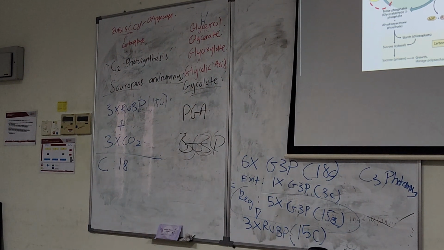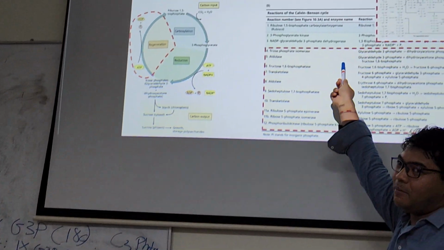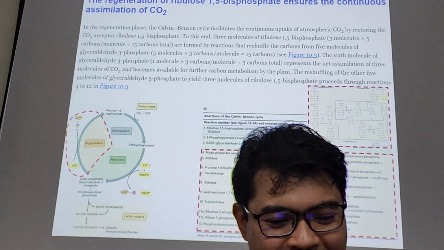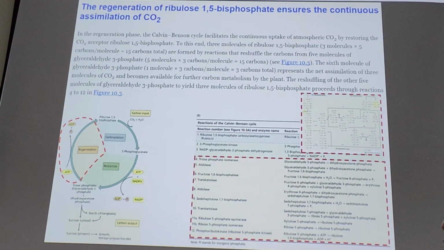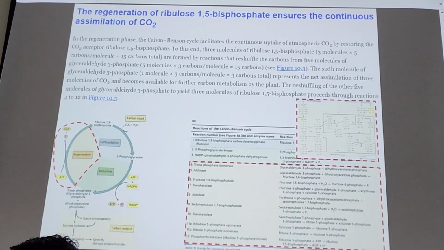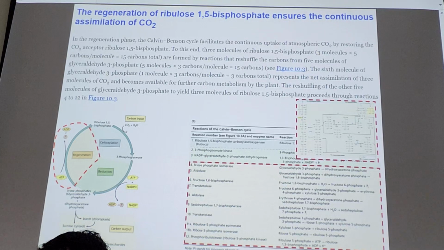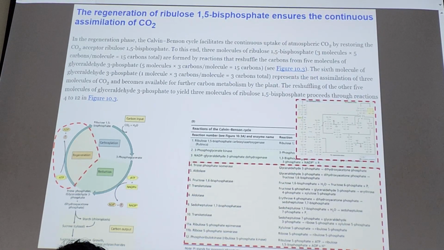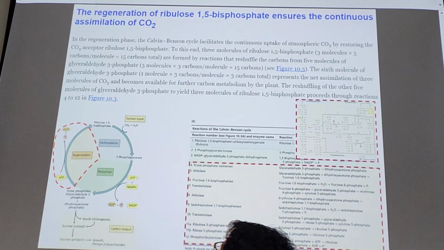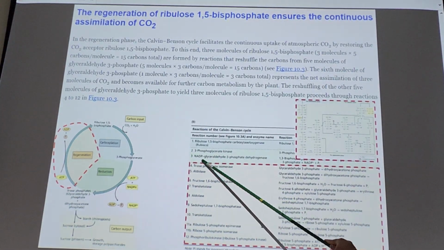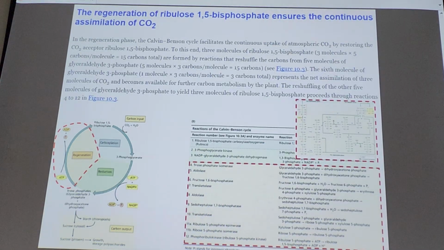5 more minutes. So if you proceed with the regeneration, you will undergo, look, there are 10 steps. Dead. Finished. That looks very worrying. So what happens to these 5 molecules of G3P? These 5 molecules, like I said, will undergo reshuffling, rearrangement within these 10 steps of catalytically active reactions.